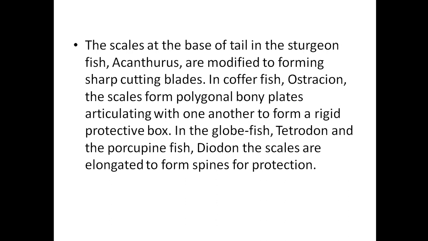In some fishes like the cowfish, Ostracion, the scales are in the form of polygonal bony plates, which give rigid protection with articulation. In some puffer fishes like Tetraodon or the porcupine fish, Diodon, the scales are elongated and look like spines.